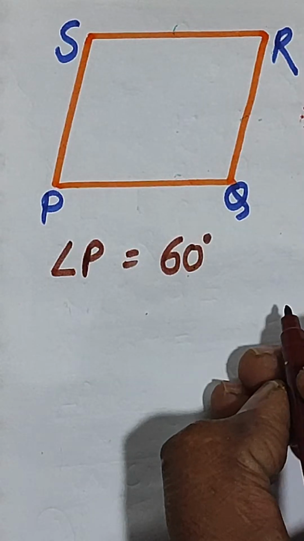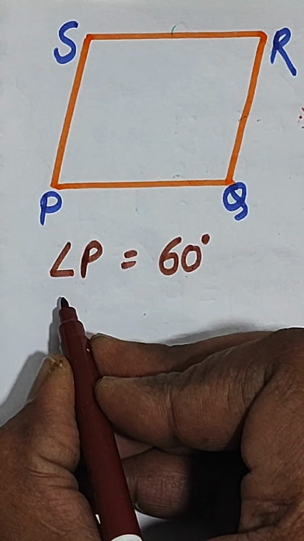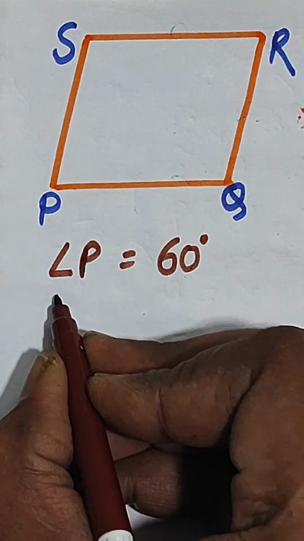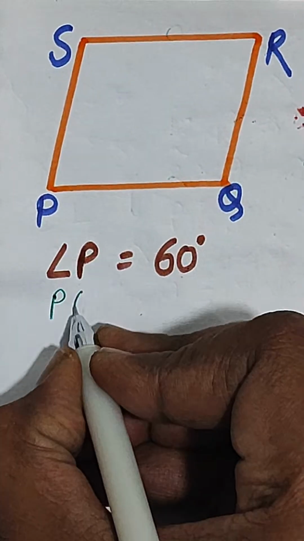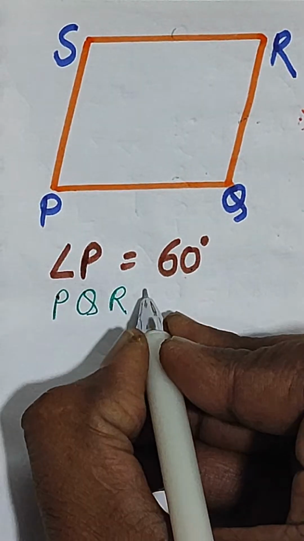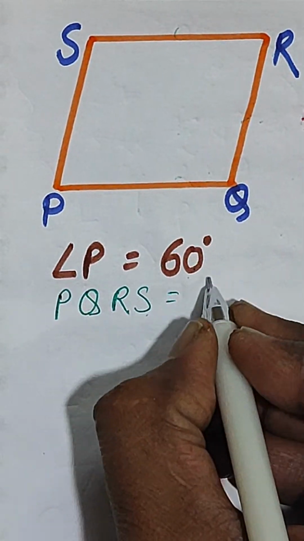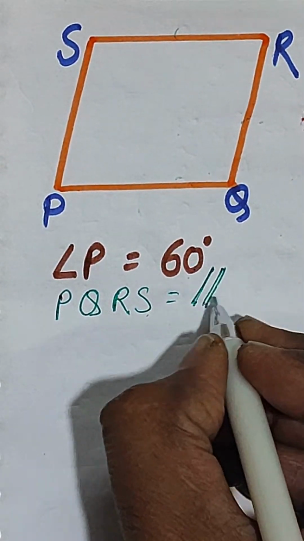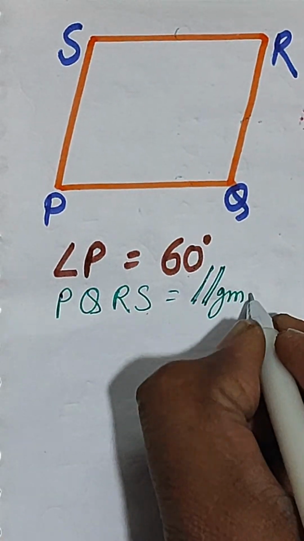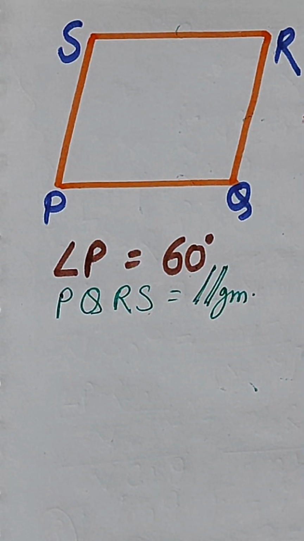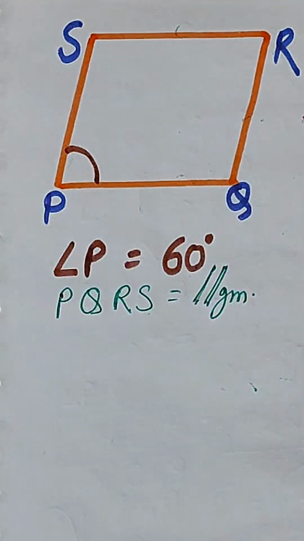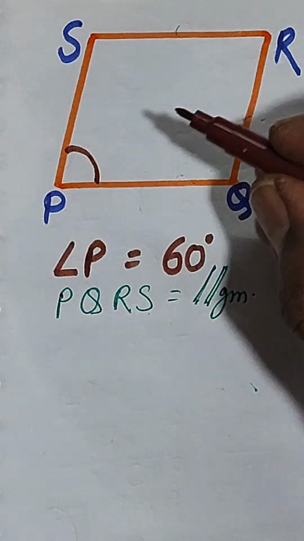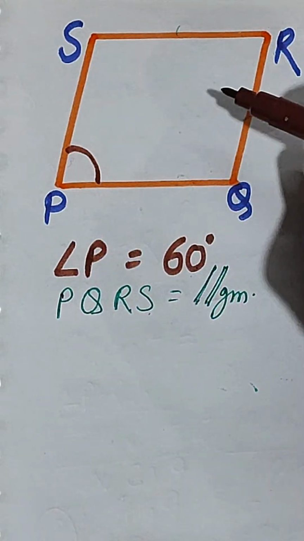First of all, let me write that PQRS is a parallelogram, right? Angle P is 60 degrees. This angle is given as equal to 60 degrees, and the angle bisectors of both angles P and Q are given.